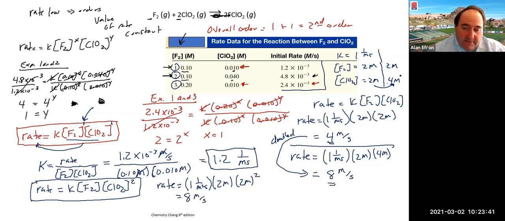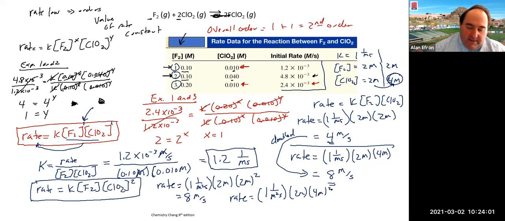Now when we double that second guy, let's see what happens. The rate would equal, again, just using that simple number of 1 for our rate constant, 2 molar, and now we have 4 molar squared.